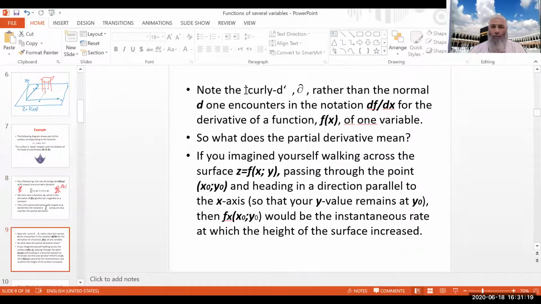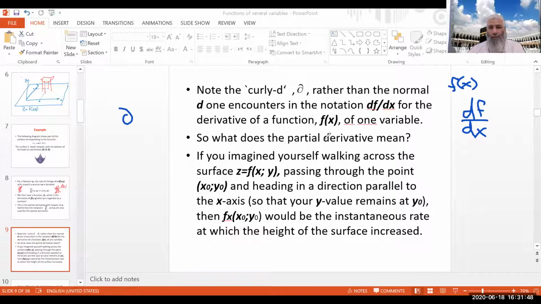Note the curly d is like this, rather than the normal d one encounters in the notation df/dx for the derivative of a function f of x. So df/dx is the derivative of the function f of x.